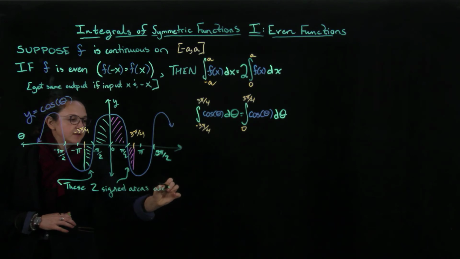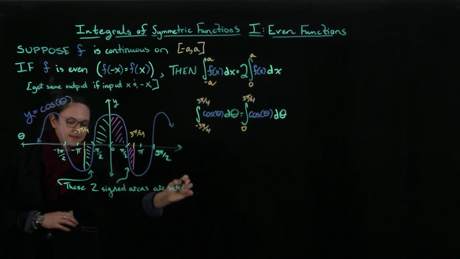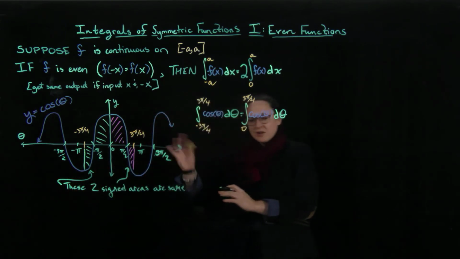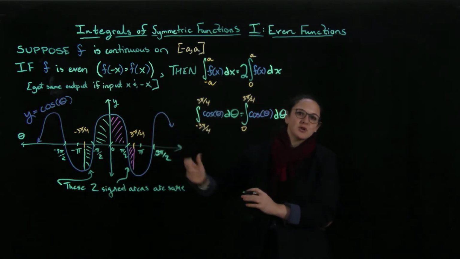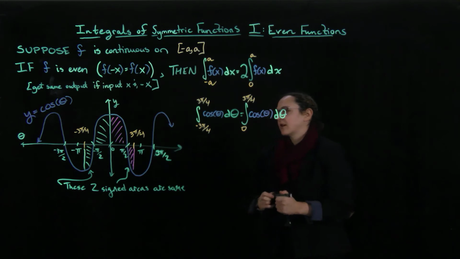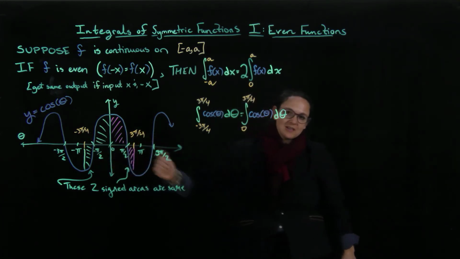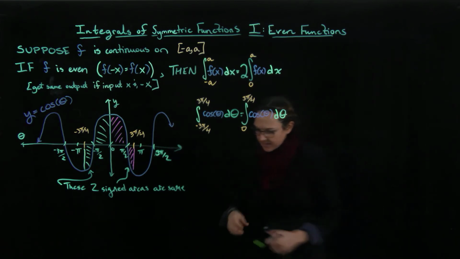Another way to think of this is symmetry across the y-axis. When you have symmetry across the y-axis, the picture is going to look exactly the same, so you're going to get exactly the same area.